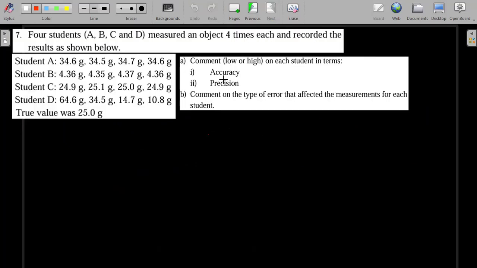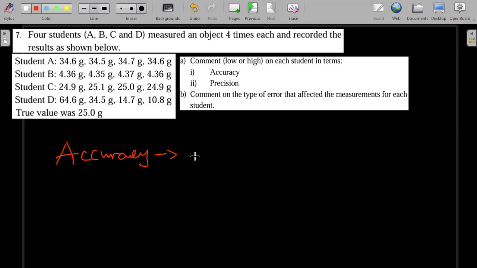Let's look at our last question, which is on accuracy, precision, and the type of errors. Before we even solve the question, we have to understand what accuracy is and what precision is. So what is accuracy? We start with accuracy.